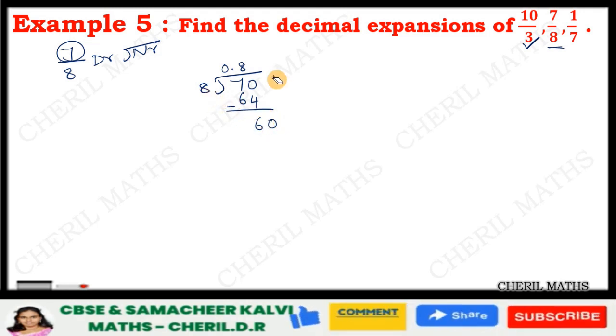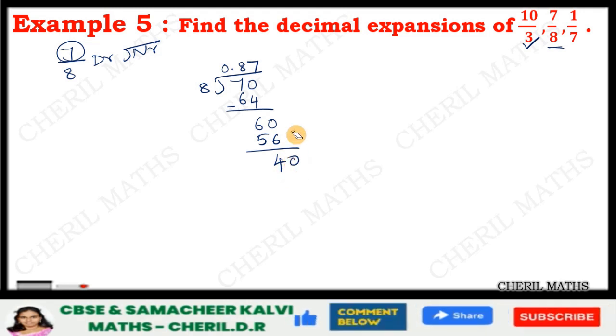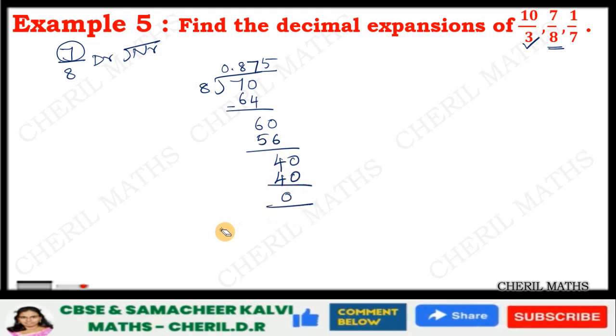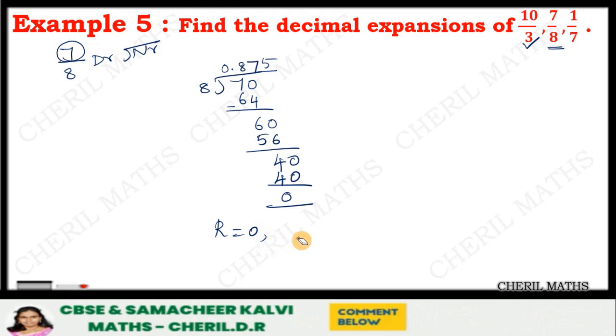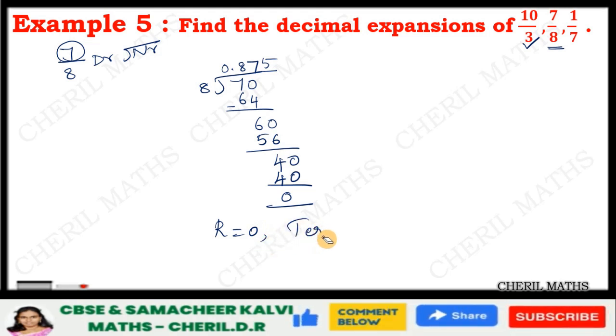From the 8 table, 8 7s are 56. Your balance is going to be 4. You put another 0. Then you can say that 8 5s are 40. Here the remainder is 0. If the remainder is 0, then you can say that this is going to be a terminating decimal.